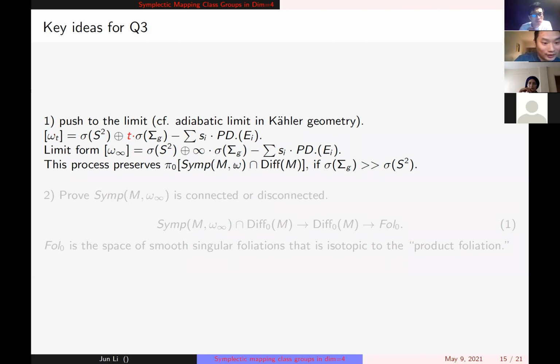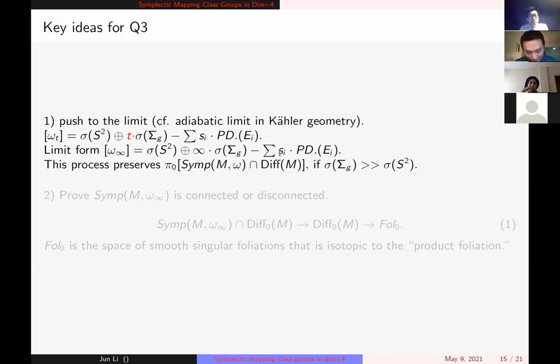So now we are going to stretch this form on the Sigma_g and look at the limit. Now the ruled surface looks like a very large symplectic Sigma_g with a bunch of punctures.